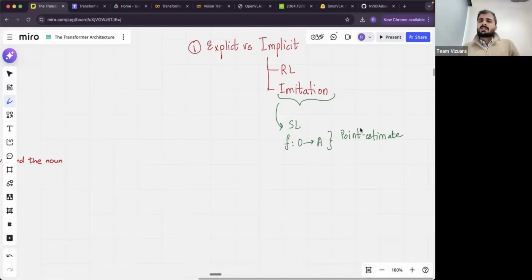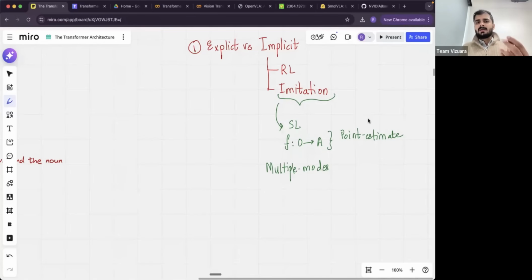We realized that point estimate policies do not work well for problems which have multiple modes. That is, there are multiple ways to provide the solution. Point estimate policies simply end up taking the average of all these modes.